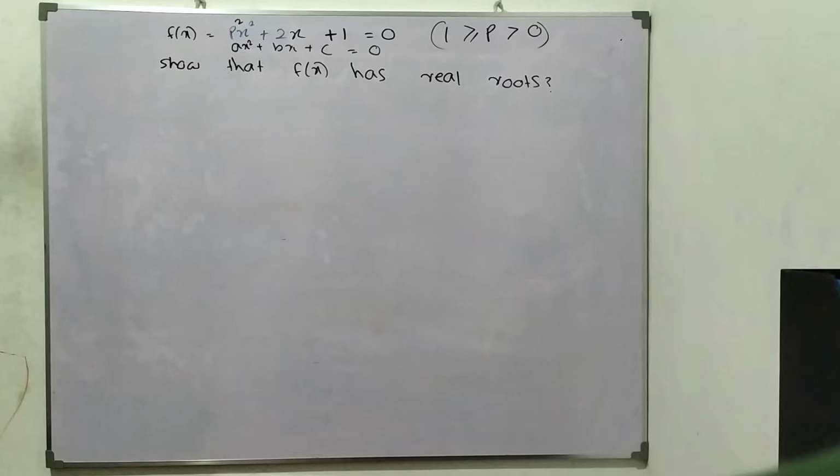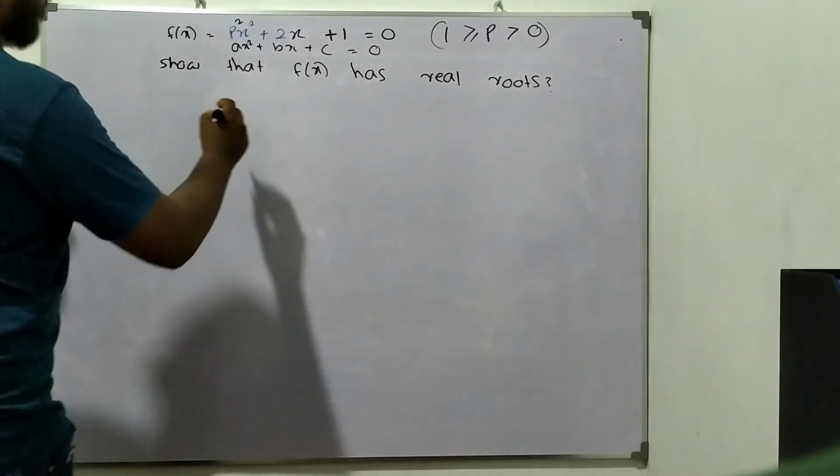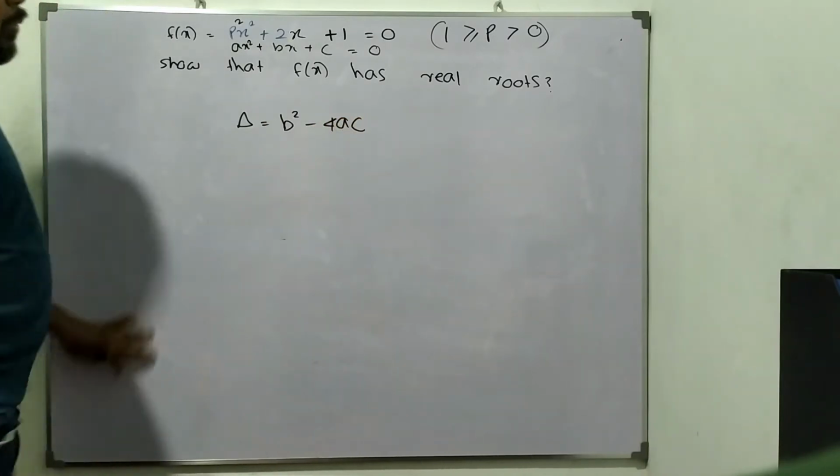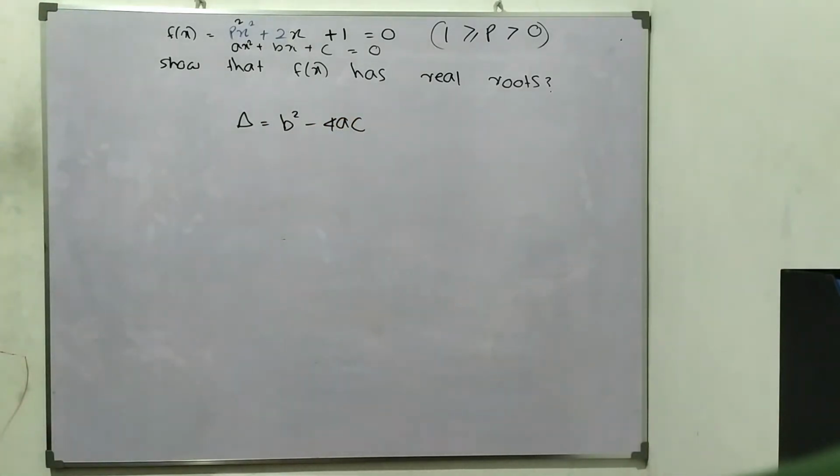In our theory about real roots, the discriminant should always be greater than or equal to 0, right? So I'm going to check the discriminant of the function f(x). The discriminant is b squared minus 4ac.